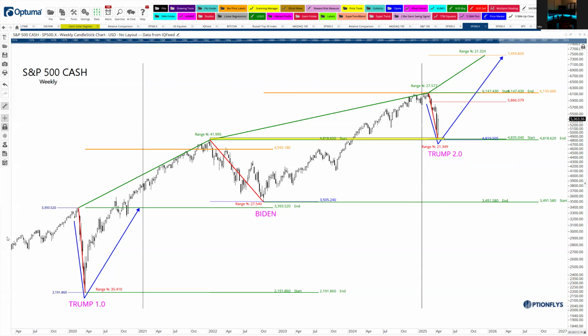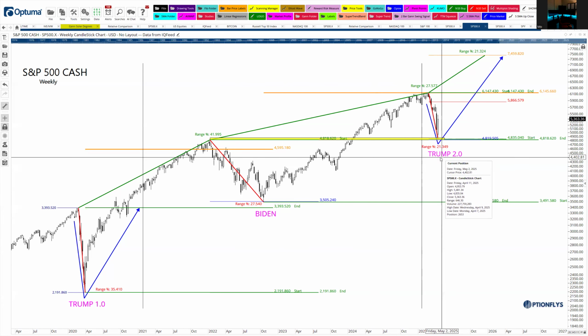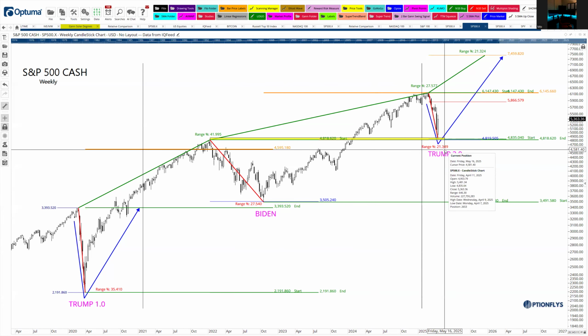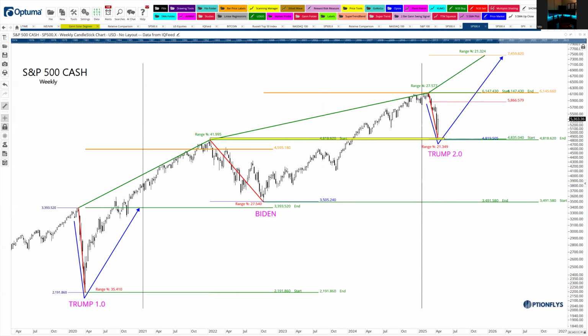The point is this: if the market is down 20%, how much more do you think it can go down? Just ask yourself this question. Then you go back to a previous decline. So what do you think is going to happen?